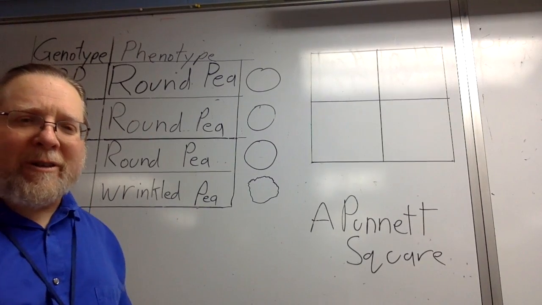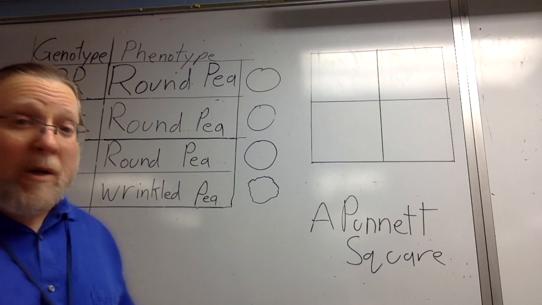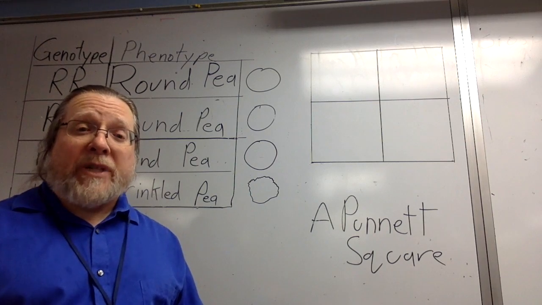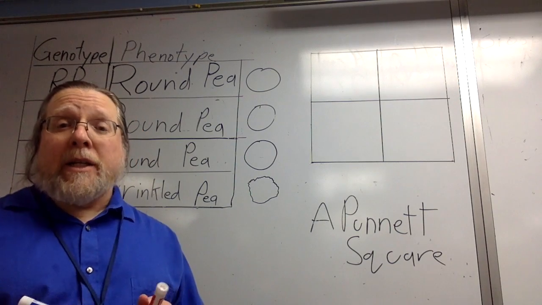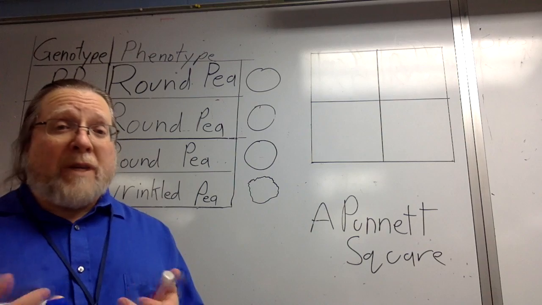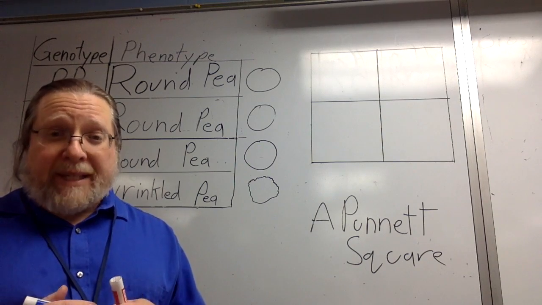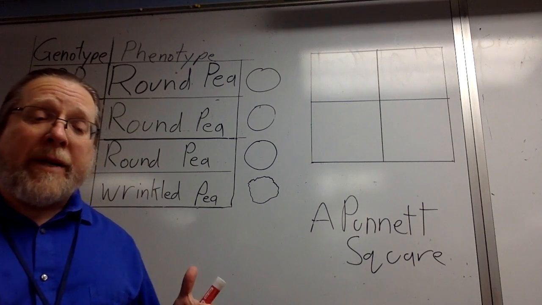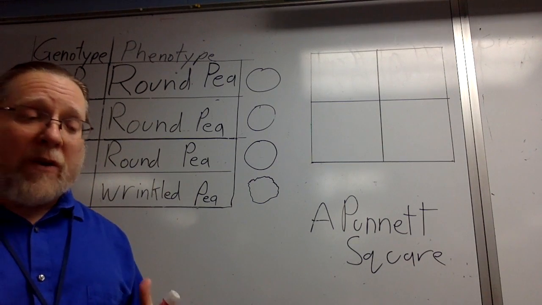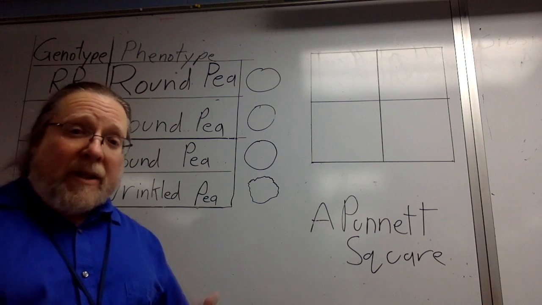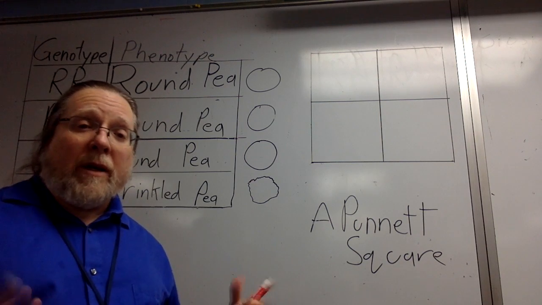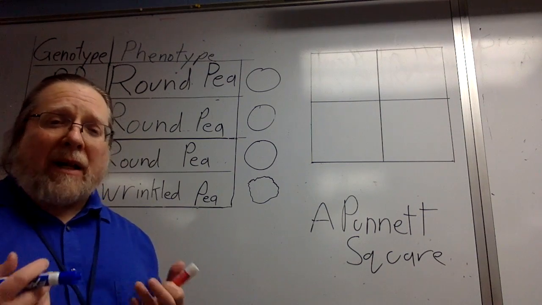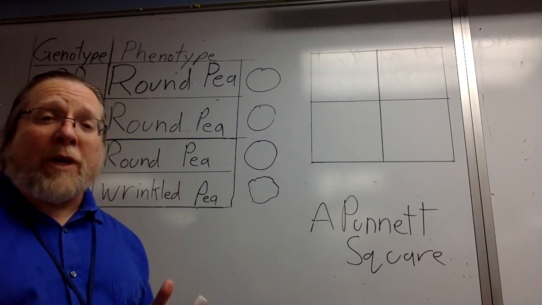So the results of Mendel's first cross was to come up with homozygous genotypes, and these all led to the trait or the phenotype of round peas. So now what we're going to come back and do is take a look at what he did with this first generation. He then did a similar experiment as number 1, removing stamens from one group of plants and pollinating so he could control things.